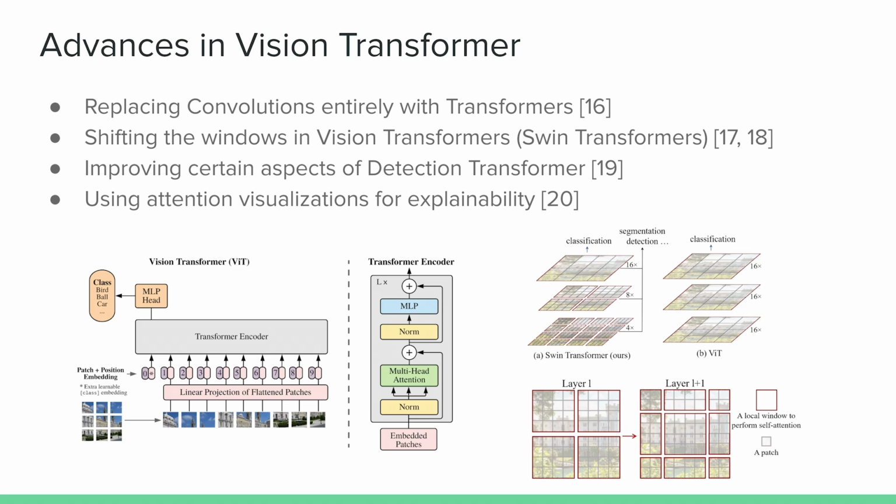Very simply put, it takes an image, chops it into a number of equally sized patches, and then extracts features from those patches with a linear projection. Those extracted features are then fed into the transformer encoder, so you can entirely remove the convolution here.